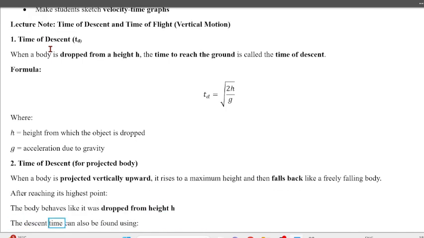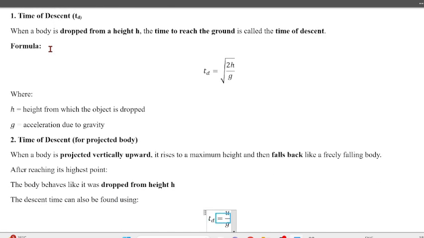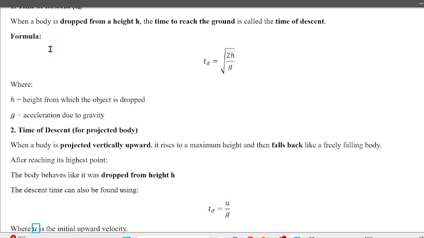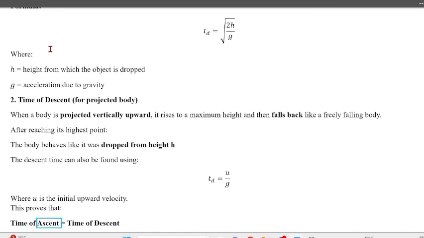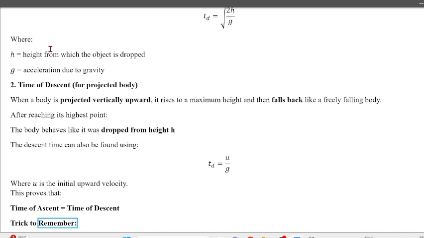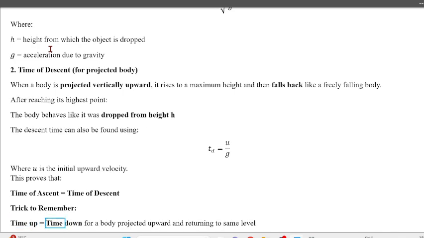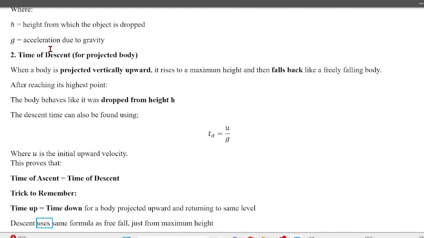The descent time can also be found using t sub d equals u over g, where u is the initial upward velocity. This proves that time of ascent is equal to time of descent. Trick to remember: time up is equal to time down for a body projected upward and returning to the same level. Descent uses the same formula as free fall, just from maximum height.